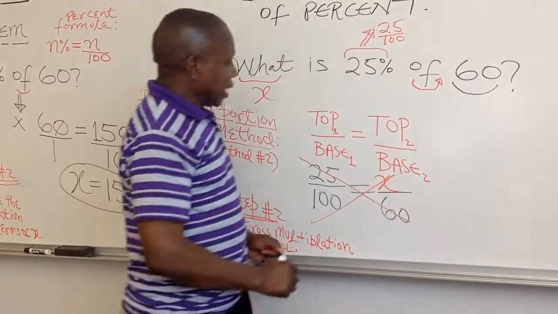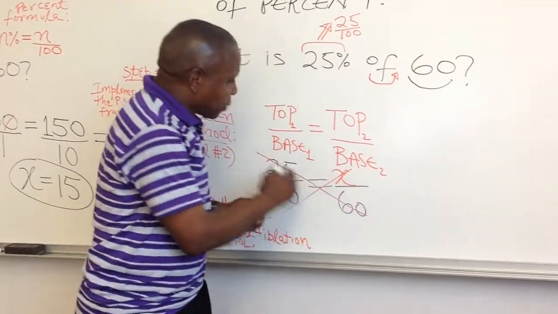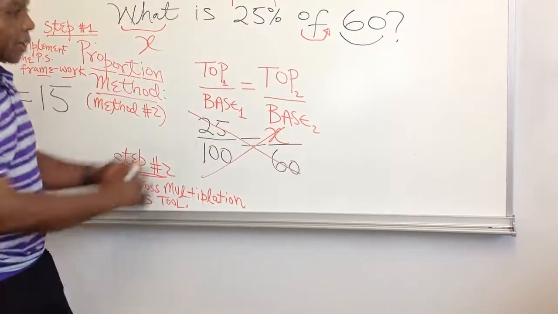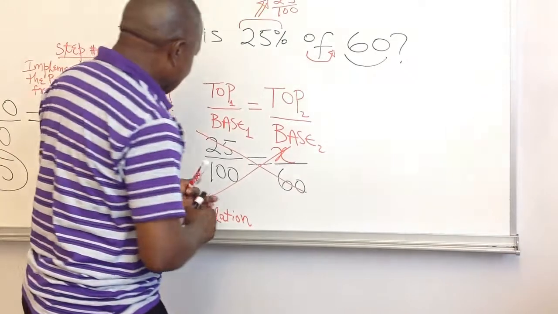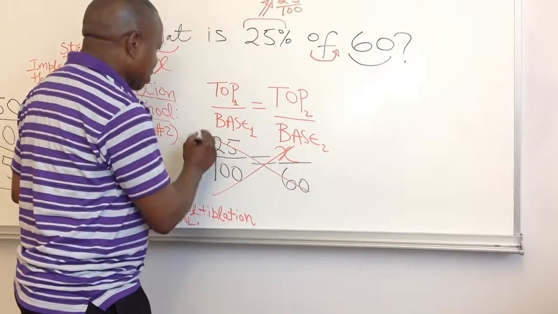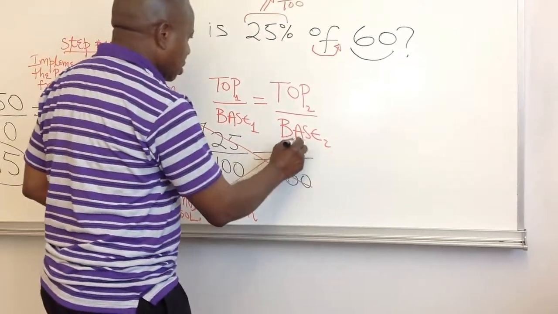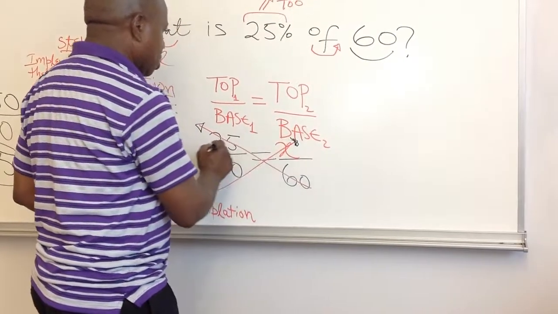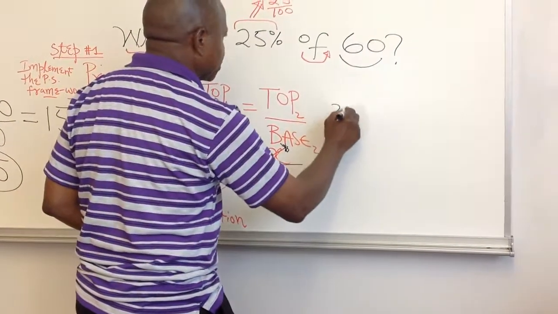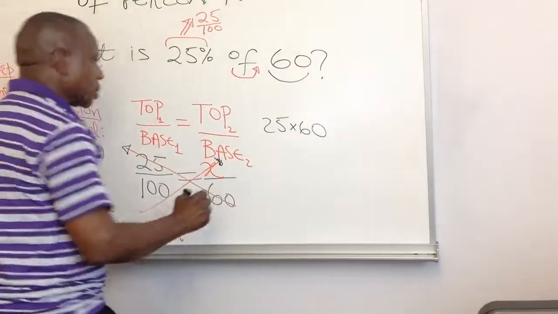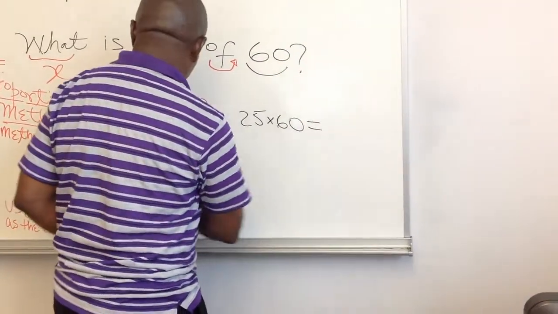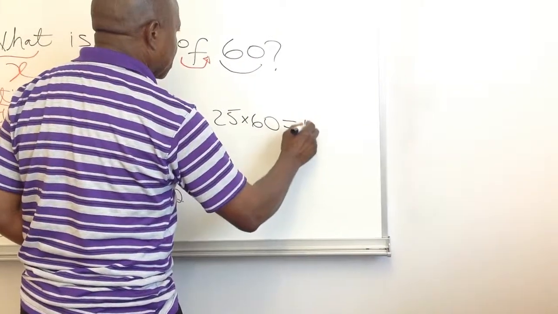So at this point, let us implement now the cross multiplication approach. How does it work? Well, we are going to say 25 times 60 must equal 100 times x.